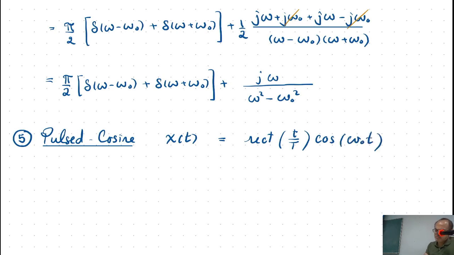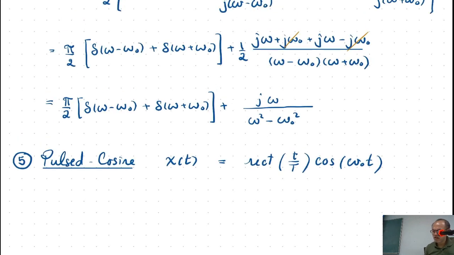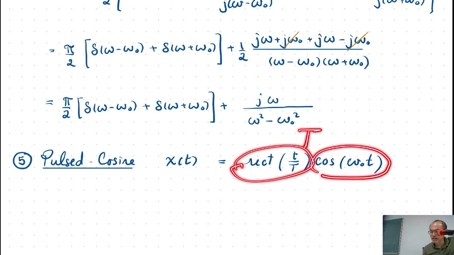If you recall, this rectangular signal goes from minus T over 2 to T over 2. So the width of the rectangular is T. Then you multiply it by cosine.